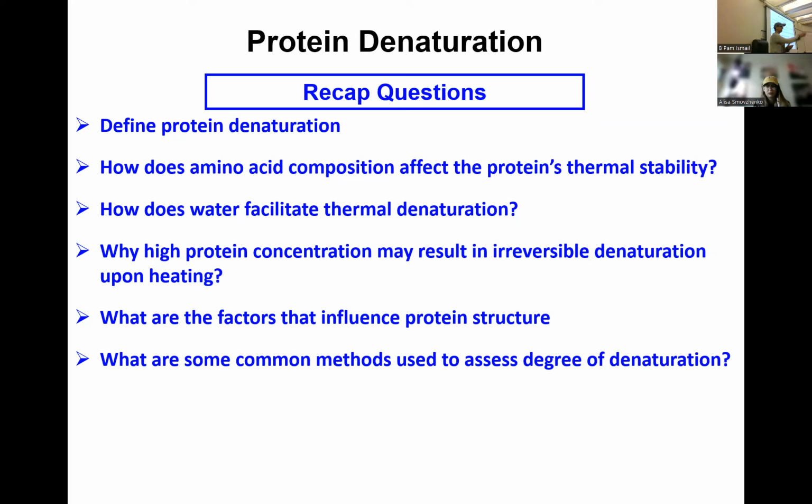Raman, yes, of course. UV absorption. Can you tell me how? When the protein unfolds, hydrophobic groups are exposed, and tryptophan and tyrosine are among those residues that absorb light.